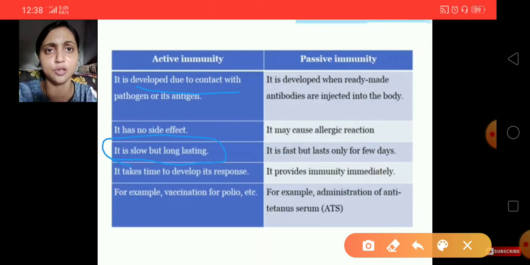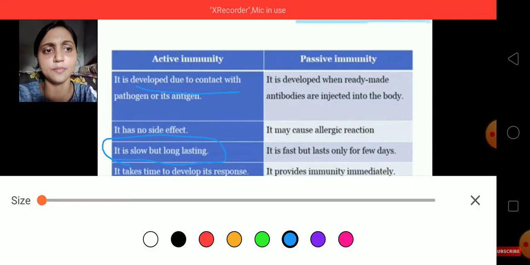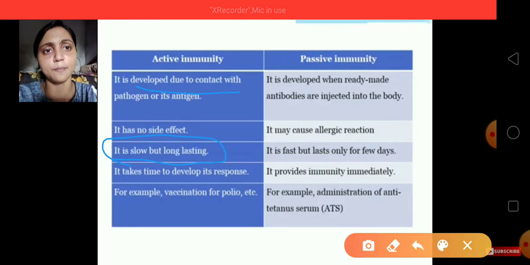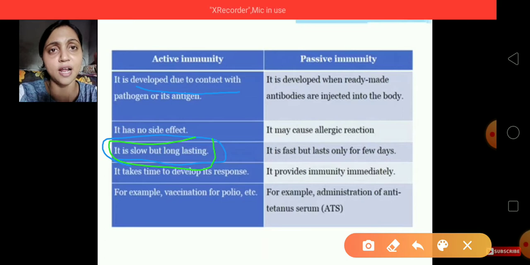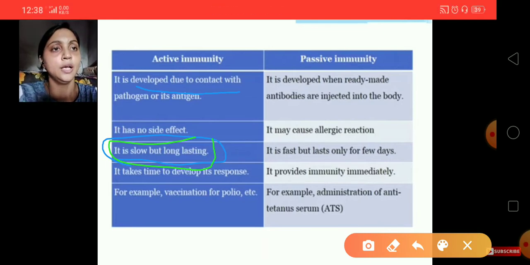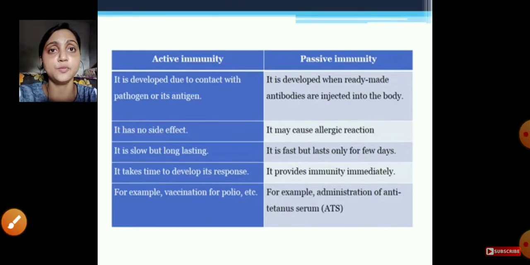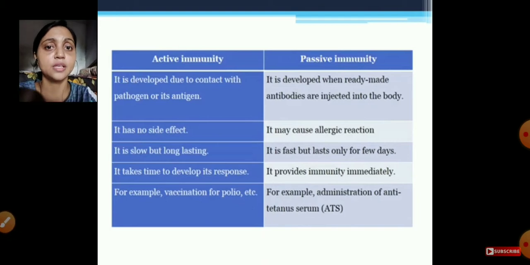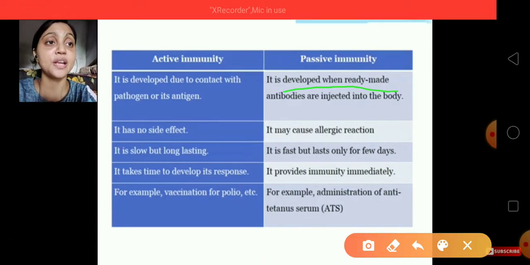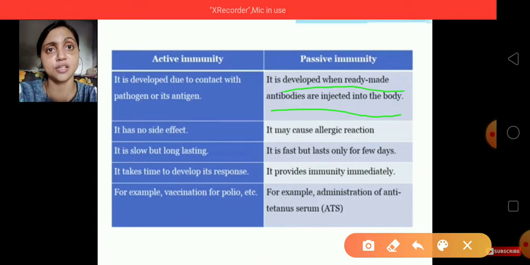It is slow because it takes some time for the production of the antibody, but once the antibody is produced, if that specific antigen enters our body again, it will never be successful in making the disease again. Now, in contrast, the passive immunity is developed when ready-made antibodies are injected into our body.